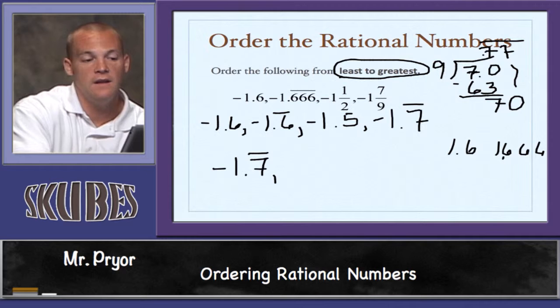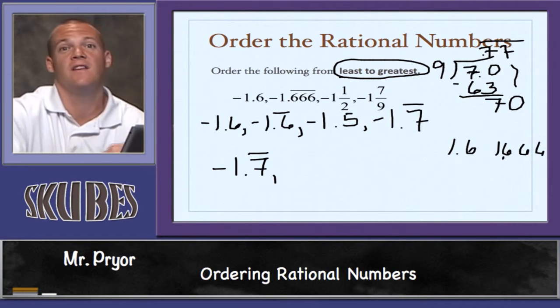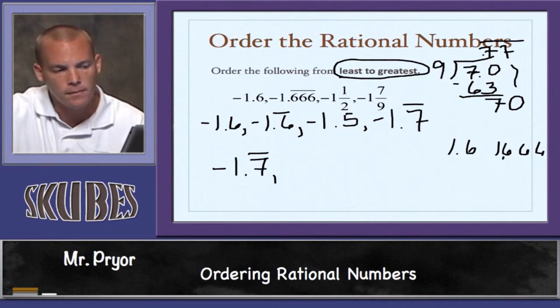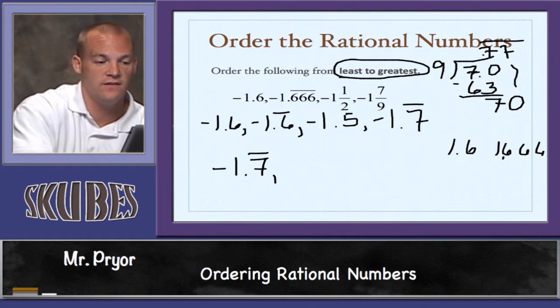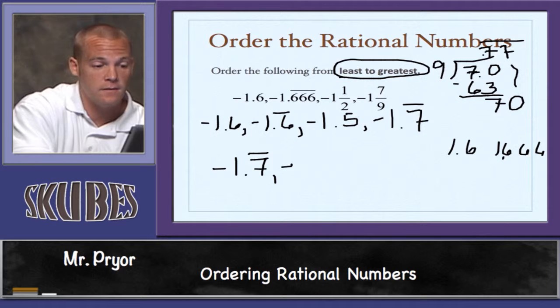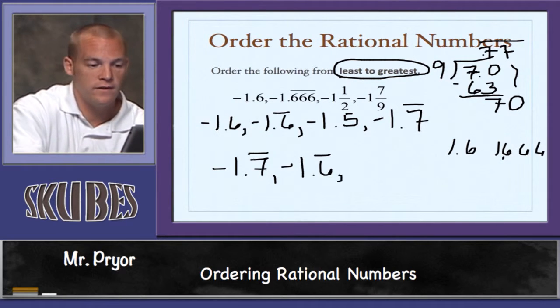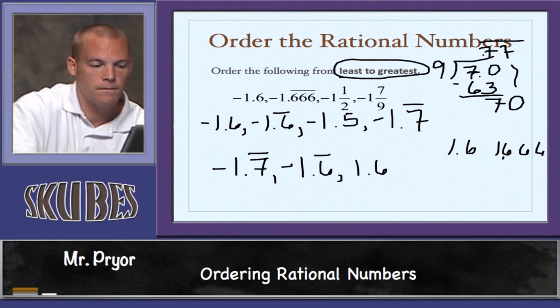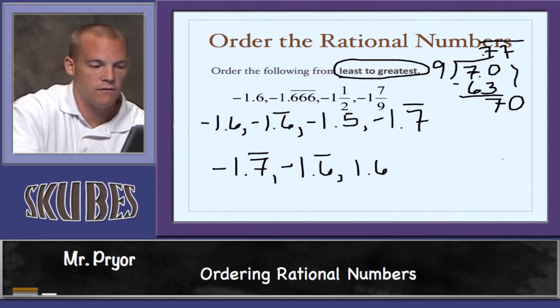So in actuality, negative 1.6 repeating is a larger value. So that's going to be our next one. Then of course negative 1.6 will follow, and then finally our negative 1.5.